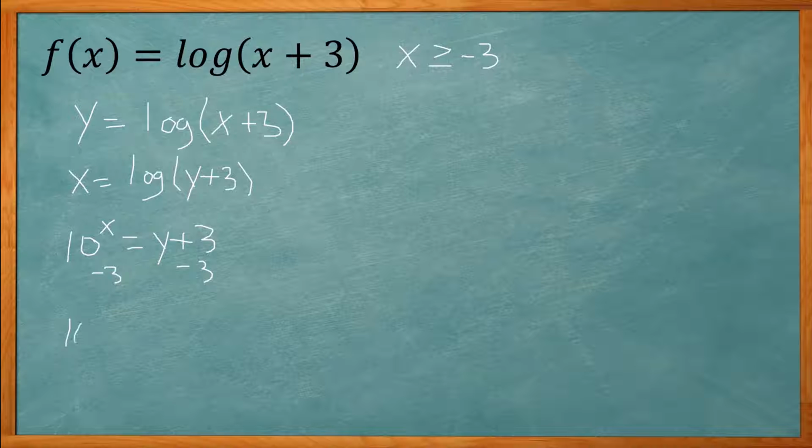So I get 10 to the x power minus 3 equals y. And then again, we write it in inverse function notation, f to the -1 equals 10 to the x power minus 3. So that's the inverse function.